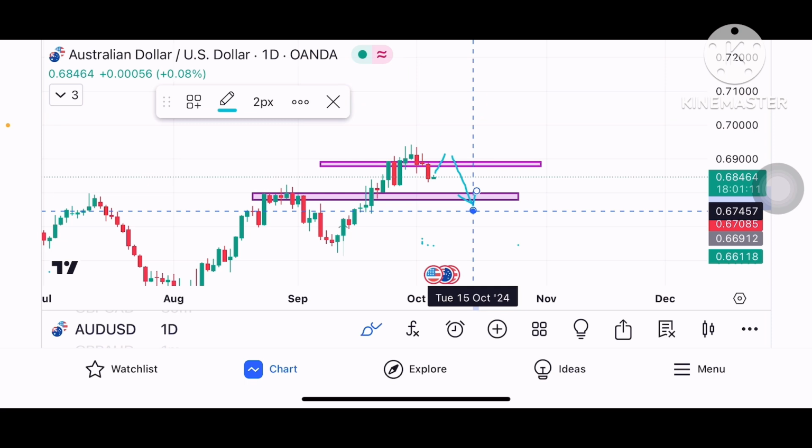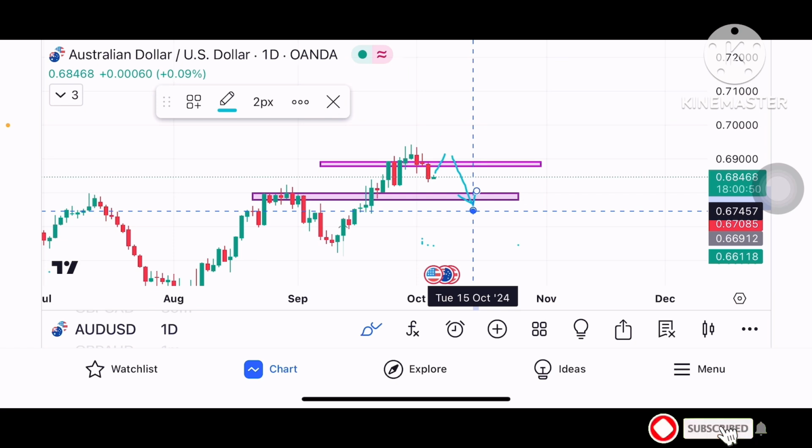This is it, my analysis on AUD USD, the zones and the expectation. So you analyze on your lower time frames, make sure the news takes effect before you jump in.